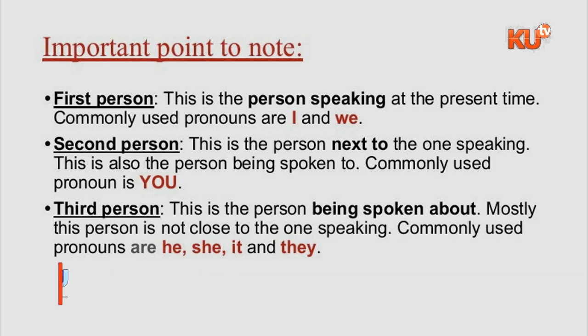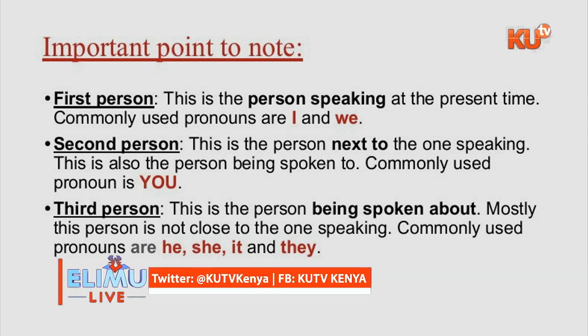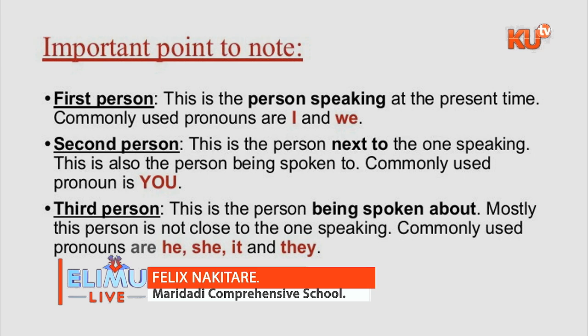The first one is he, which refers to a masculine or male person. Then we have she, referring to a female person. And lastly, we have it. It refers to an animal or an object which does not have life. Therefore, take note that in third person singular, we have he, she, and it.